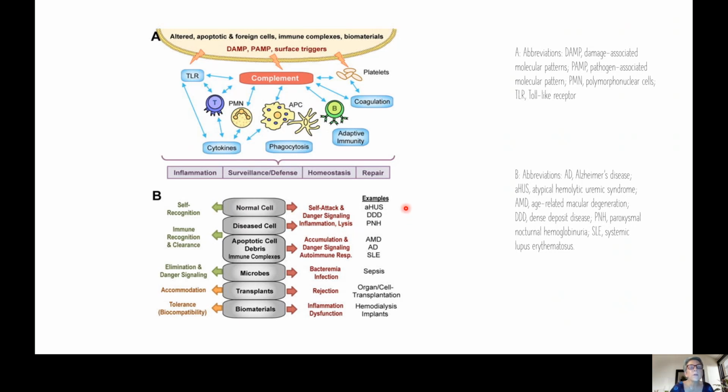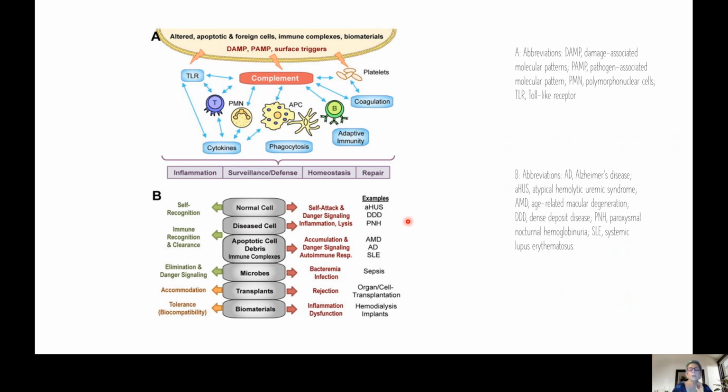And some examples of that happening are atypical hemolytic uremic syndrome, which is not seen, but you get red blood cells that will start breaking up and increase urea in your renal system. DDD is dense deposit disease. These are some things I've really never even heard of. And paroxysmal nocturnal hemoglobinuria.